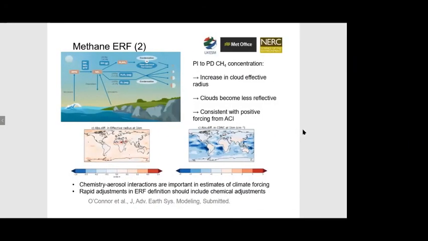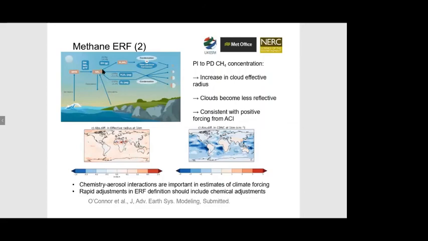So when the change in methane concentration is applied in the model, this changes the availability of oxidants in the troposphere. And these changes in turn then alter the way sulfur is oxidized in the atmosphere. And in particular, the relative contribution of the three sulfur oxidation pathways changes.